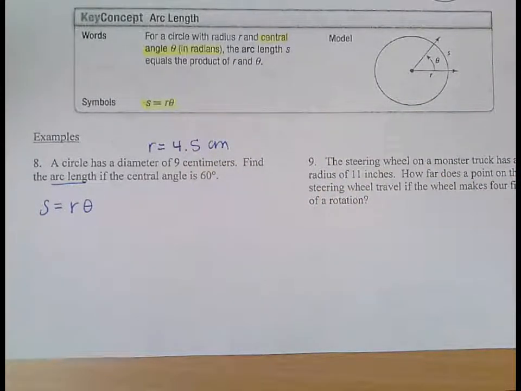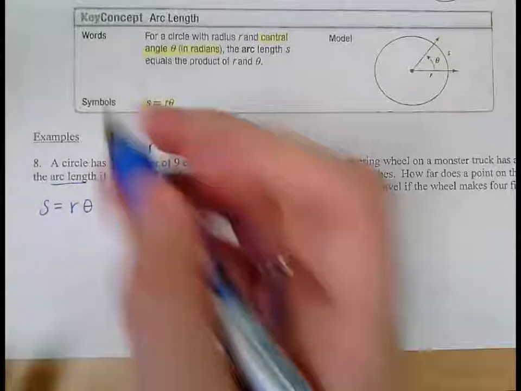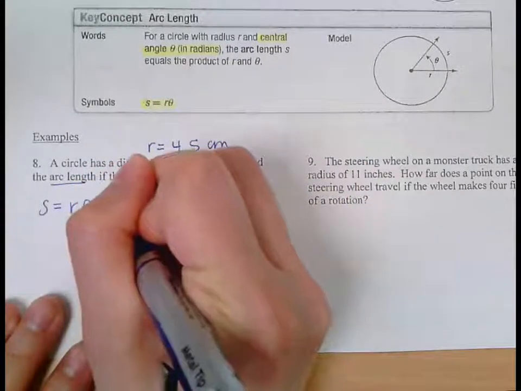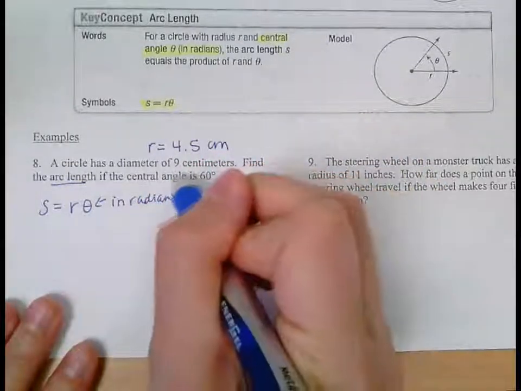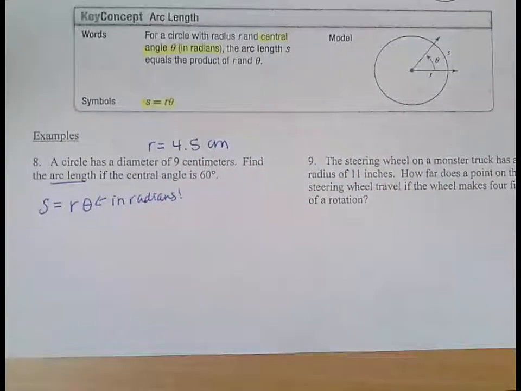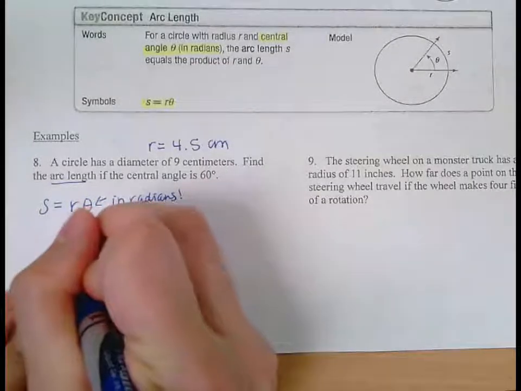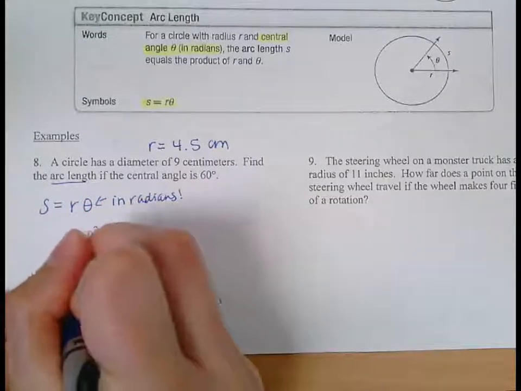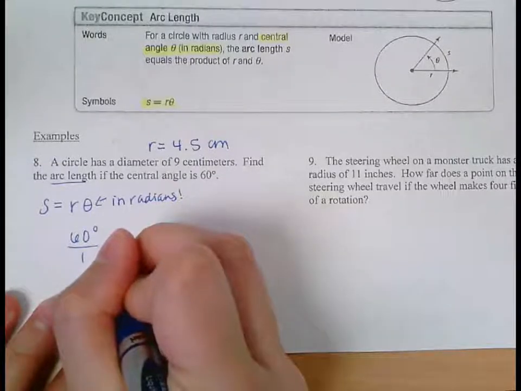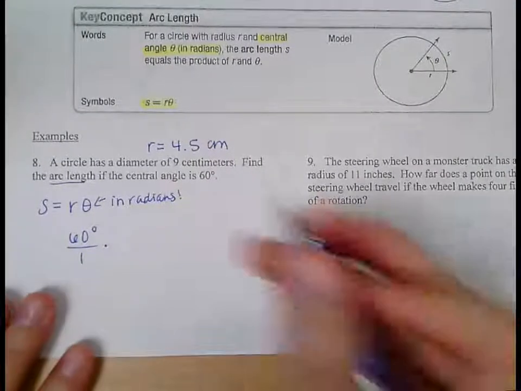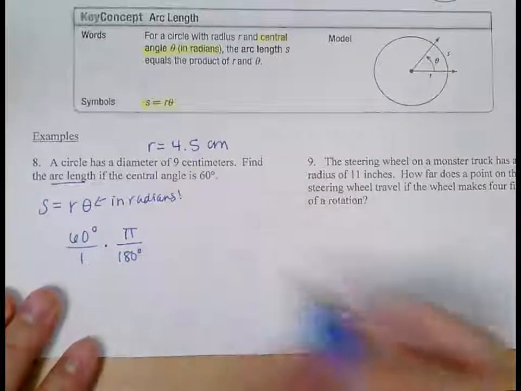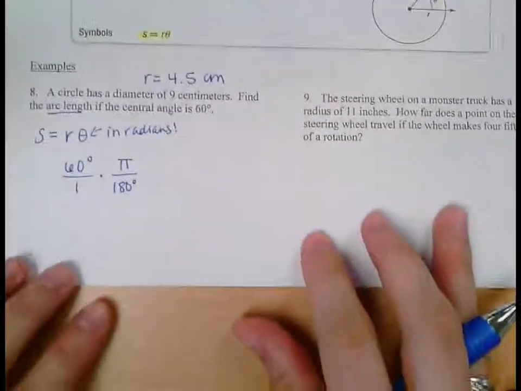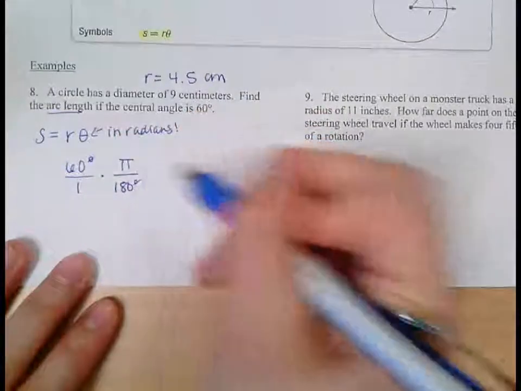And then for theta, again, theta needs to be in radians. And right now, our central angle is given to us in degrees. So that has to be converted first. So if we have 60 degrees, I'll put that over 1. To convert this to radians, I multiply by pi over 180 degrees so that the degrees cancel each other out.